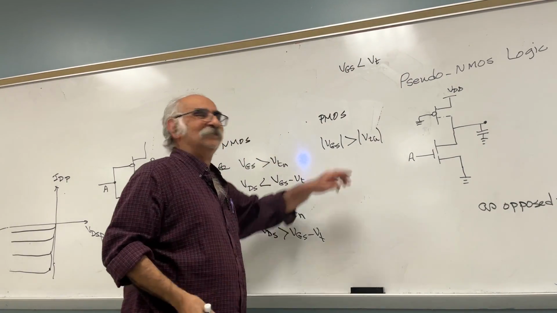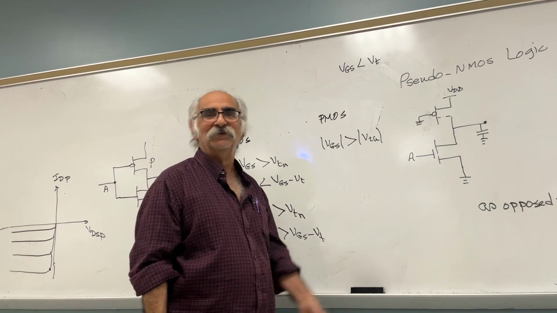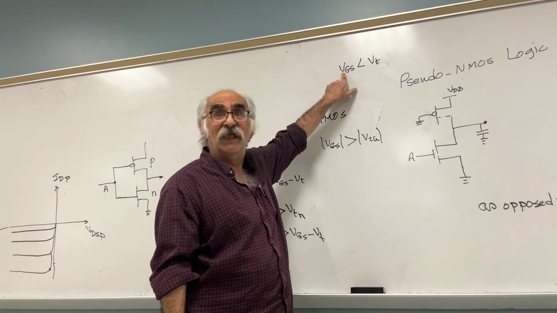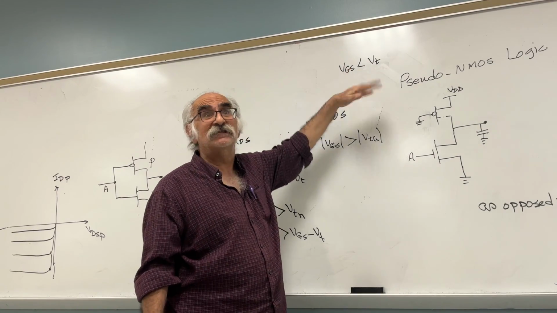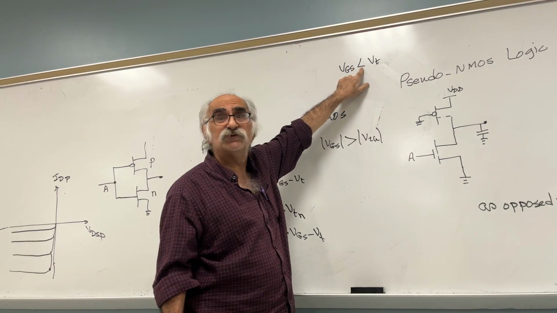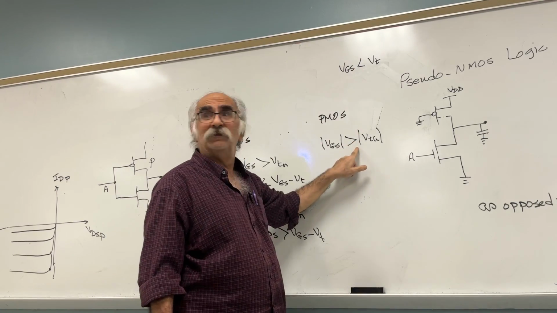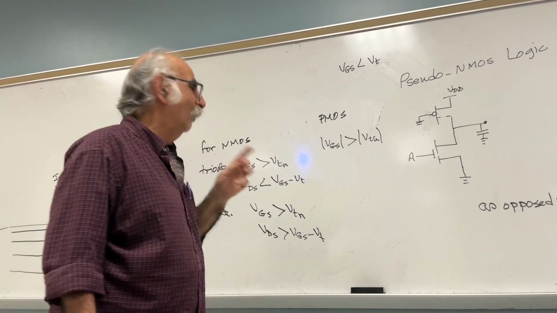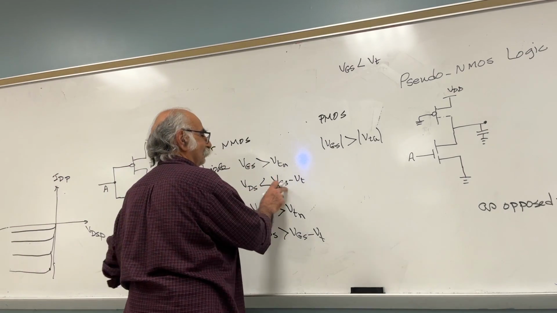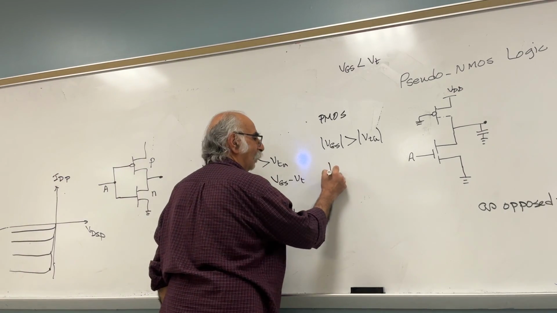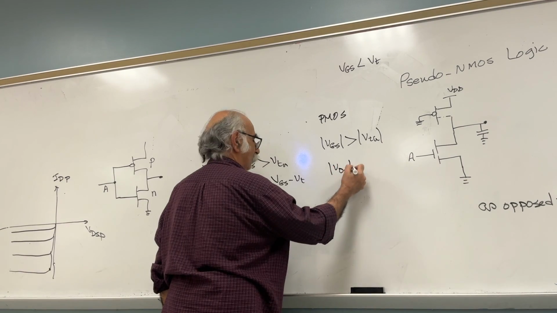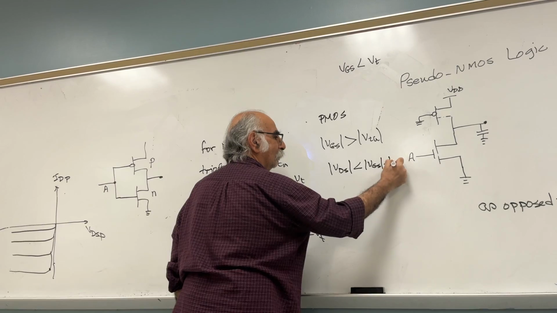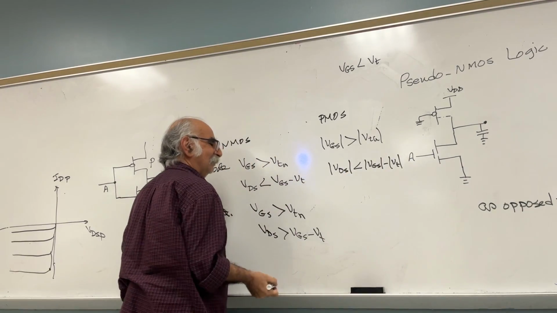This is negative, this is negative. If you multiply both sides by negative, what happens to the inequality? It flips. And now you put absolute value. Did you get it? How about this one? Absolute value of VDS, same thing.